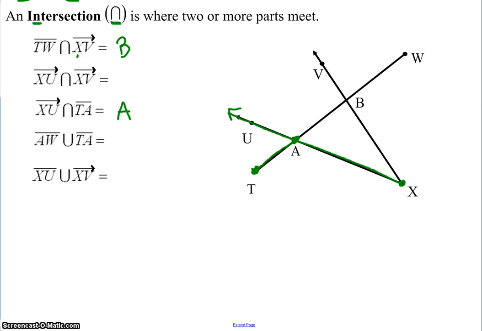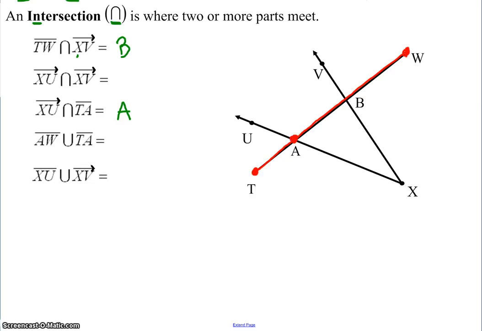Now the next ones are unions. So if I had here segment AW union segment TA, so starting at A going to W, and starting at T, ending at A. Now this is not an intersection. If it were, these two would intersect at point A. That's not what this is saying.